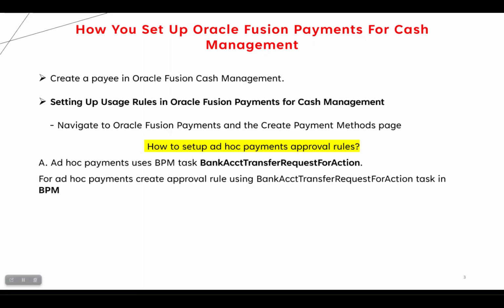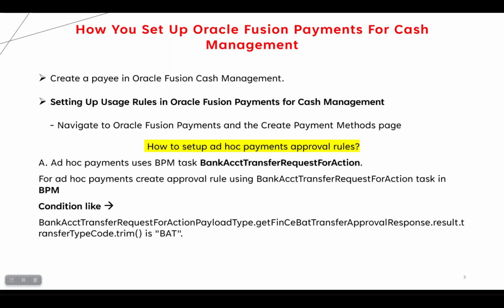In this case, you have to create the BPM for these tasks and include your conditions. Conditions mean payment amount, bank account transfer request type like PAT or ad hoc, business unit equal to something, payment date, and so on.